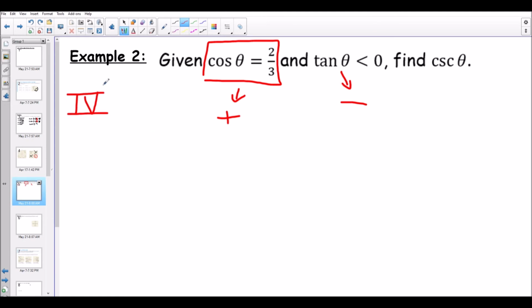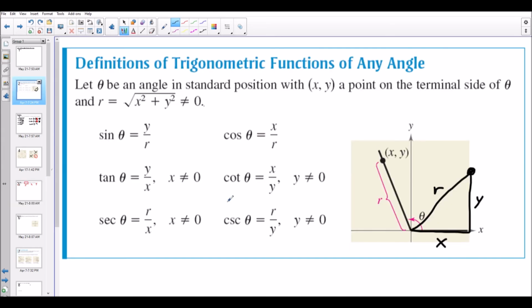Based on the fact that it's in the fourth quadrant, that might have an impact on our answer for the cosecant. As we learned earlier, the cosecant is the radius over the y value. So the biggest impact here is the fact that we are dealing with the y value principally.